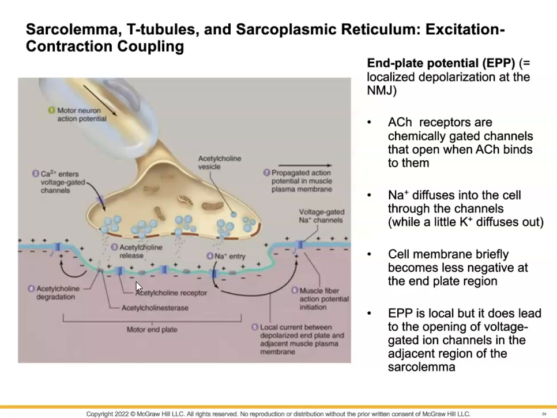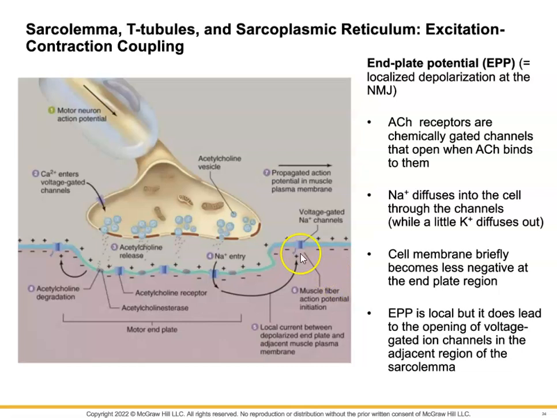So when we're bringing those positively charged sodium ions in, the inside of the cell is becoming less negative. So when that resting membrane potential goes from about minus 90 millivolts to about minus 65 millivolts, an end plate potential is produced.